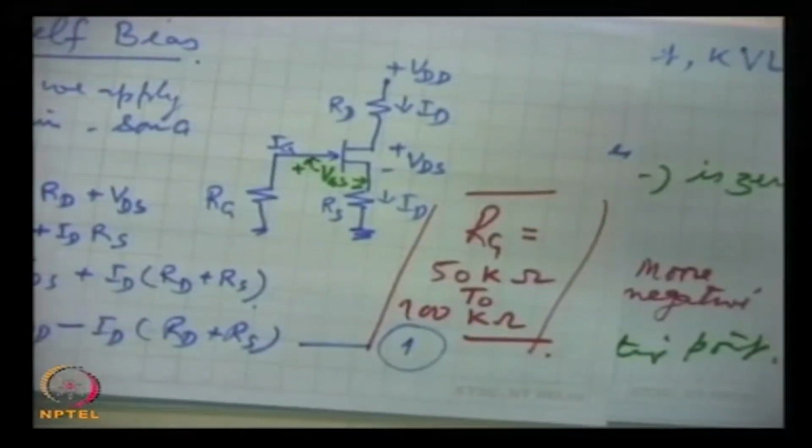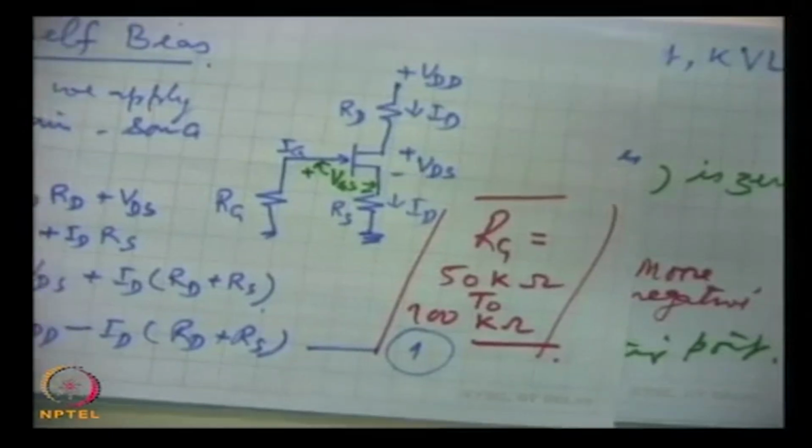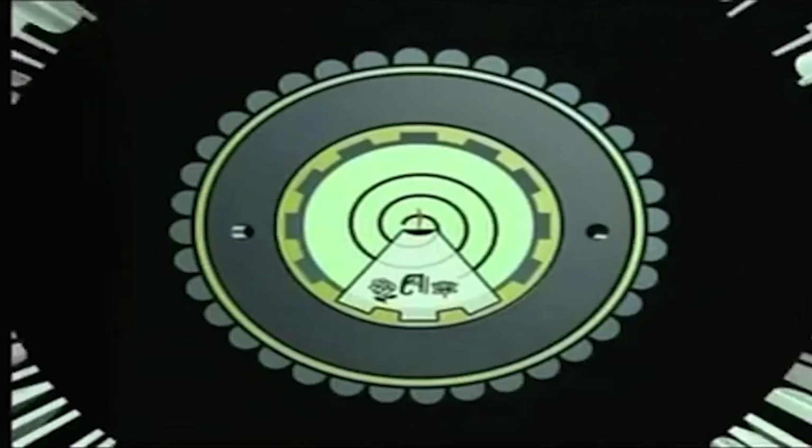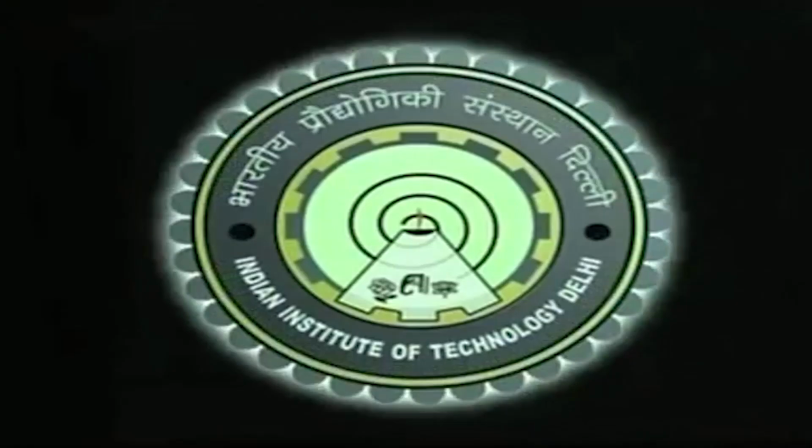So, all the shortcomings of the fixed bias are removed in this self bias circuit, and this is widely used with junction field effect transistors, and it can be used for the depletion MOSFET also, because there also the proper sign of the voltage required is this. We will continue.